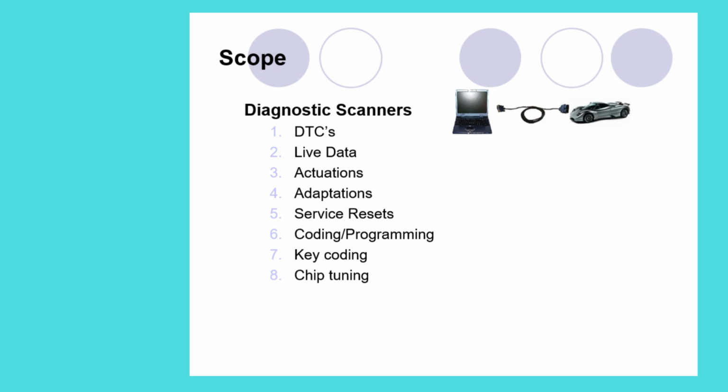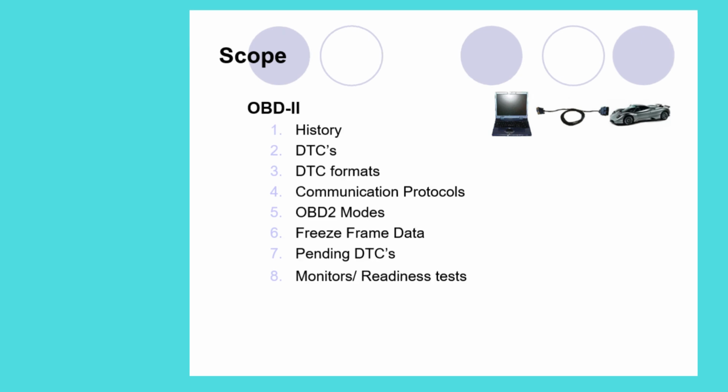Under diagnostic scanners, we will cover DTCs, live data, actuations, adaptations, service resets, coding and programming, key coding, and chip tuning. Under OBD2, we will look at the history of OBD2, DTCs, DTC formats, communication protocols, OBD2 modes, freeze frame data, pending DTCs, monitors, and readiness tests.